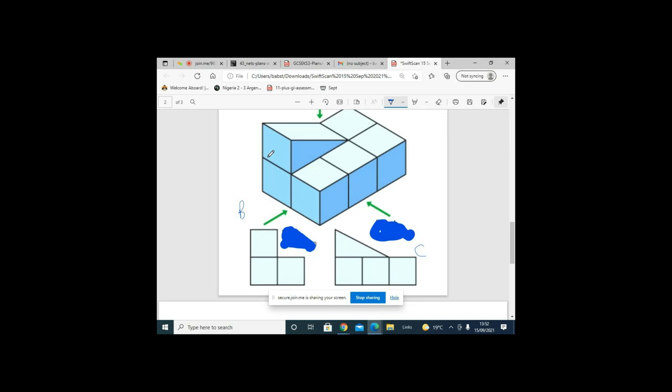There are 2 types of questions that come out from plane and elevation. The first one is optional, like the one I just showed you. The second one is when they ask you to draw the elevation, and they will give you a box.